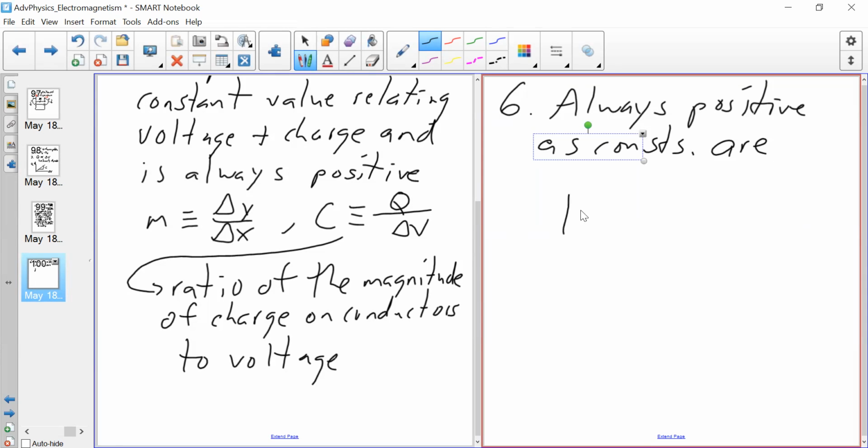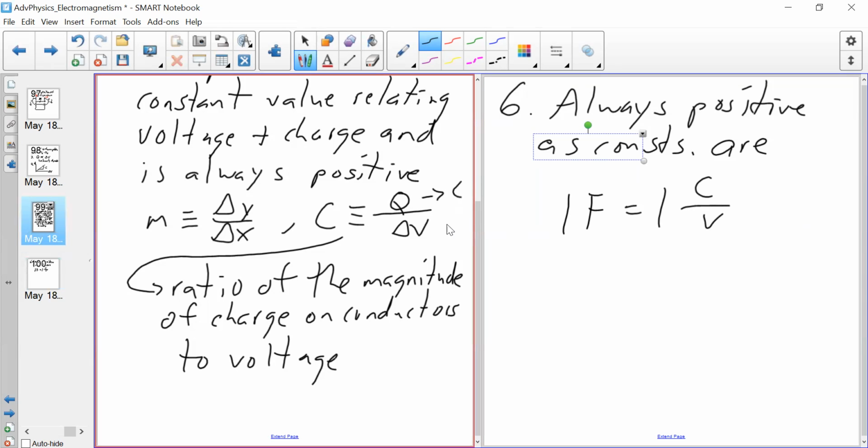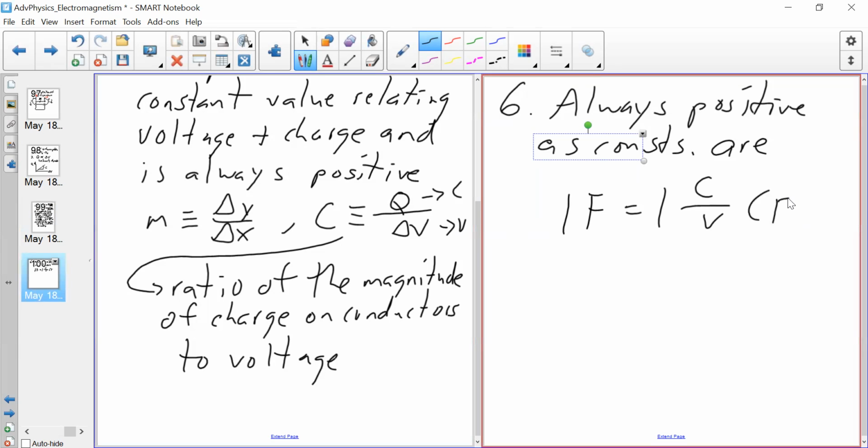Capacitance is measured in what is known as farads, after Michael Faraday. So 1 farad, F, equals 1 coulomb per volt, because this is measured in coulombs, this is volts. That's a farad. Now we usually talk about microfarads or picofarads or nanofarads, because a farad is too much capacitance, since it's directly related to charge.